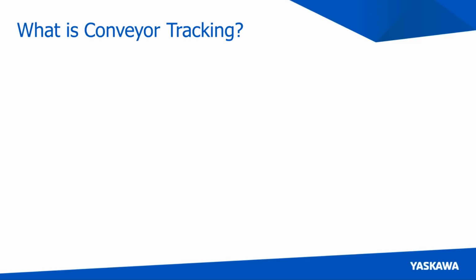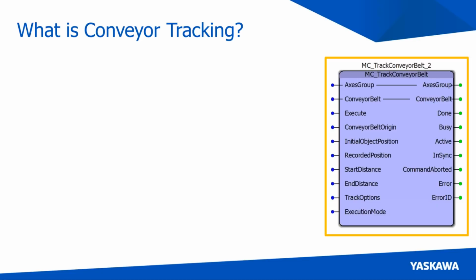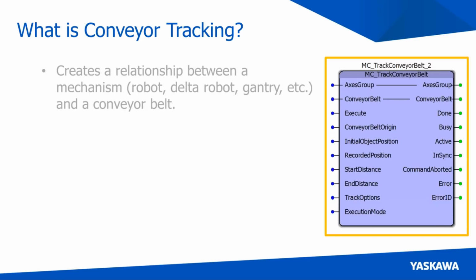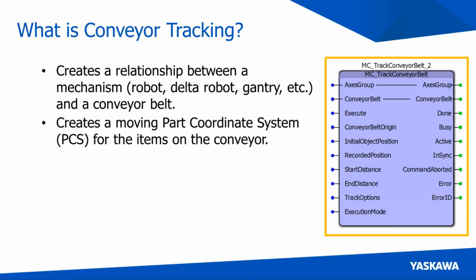What is conveyor tracking? Well, this is our conveyor tracking function block. It is the MC track conveyor belt. And this is how we are going to initiate conveyor tracking. What conveyor tracking does is it creates a relationship between some sort of mechanism like a robot or a delta robot and a conveyor belt. At its heart, what it does is it creates a moving part coordinate system.